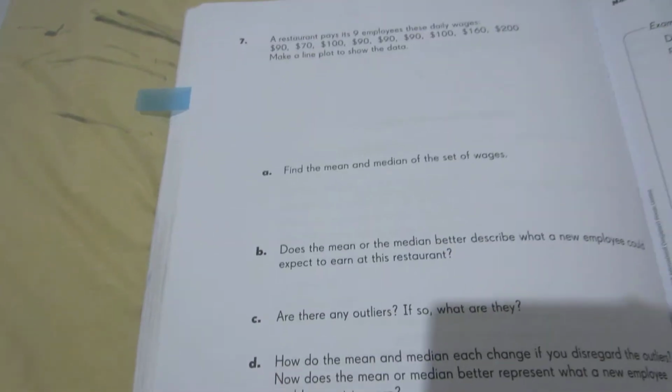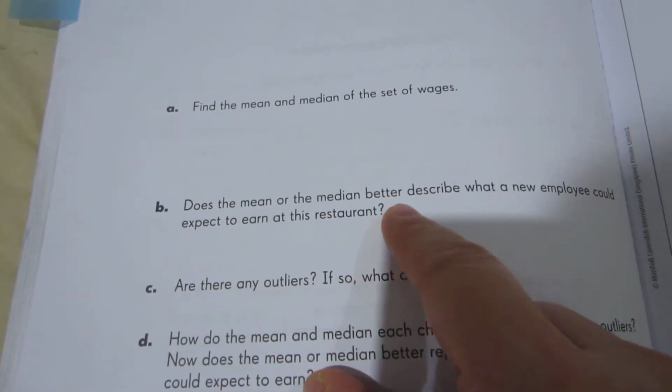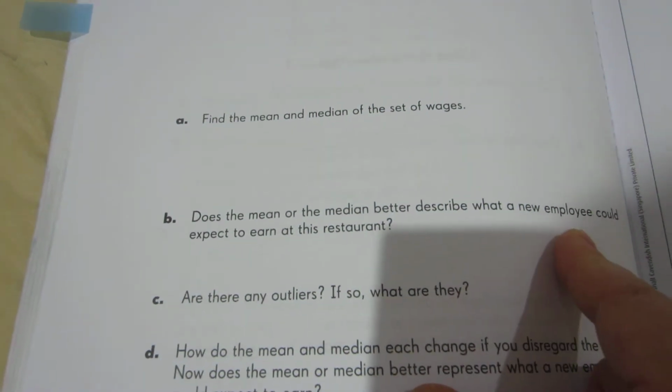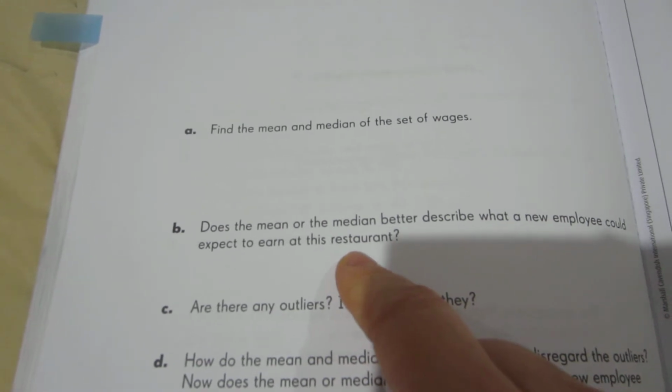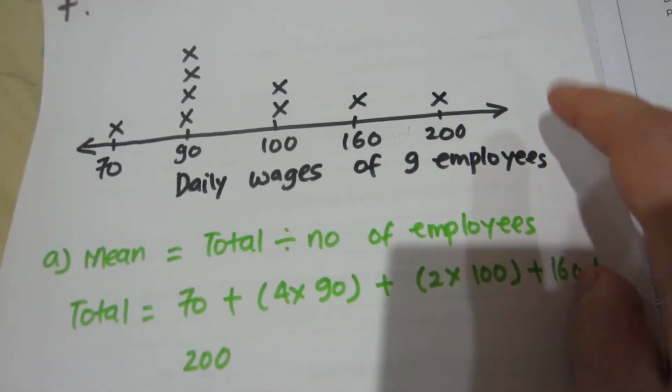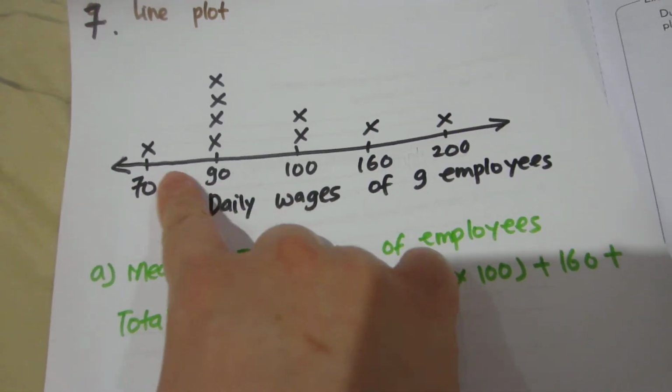Now, the B question. Does the mean or the median better describe what a new employee could expect to earn at this restaurant? So if that is a new employee, of course the new employee will not get $200. The new employee will start at around this area, right?